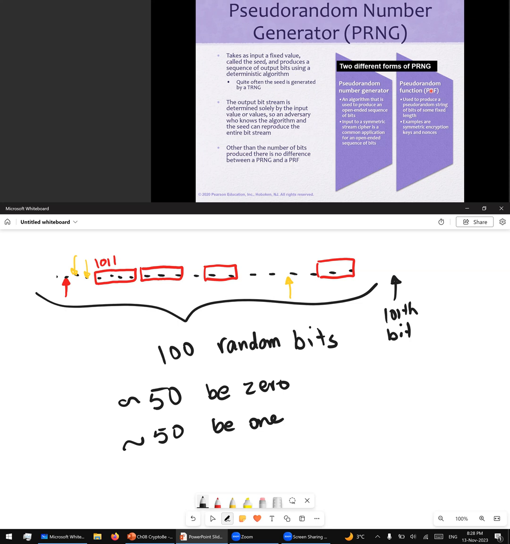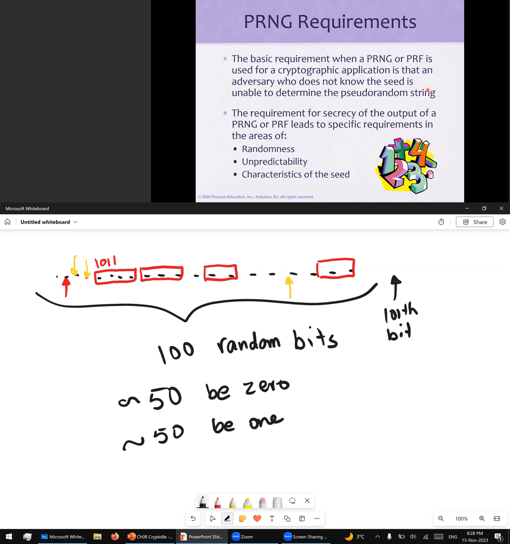So if we move forward, like I said, the basic requirement for a pseudo-random number generator or a pseudo-random function is that the adversary who doesn't know the seed cannot determine what the random sequence was.